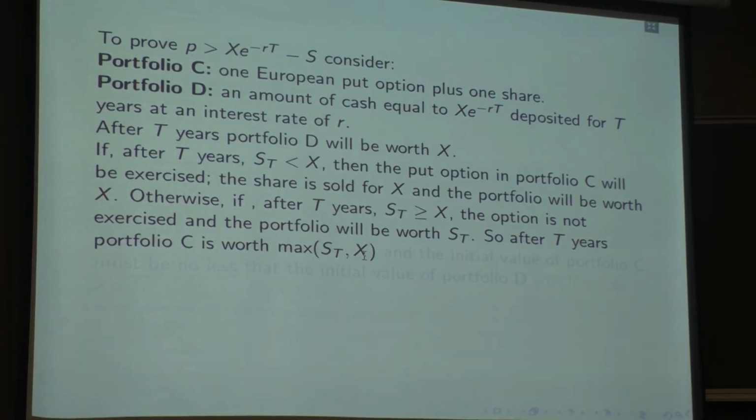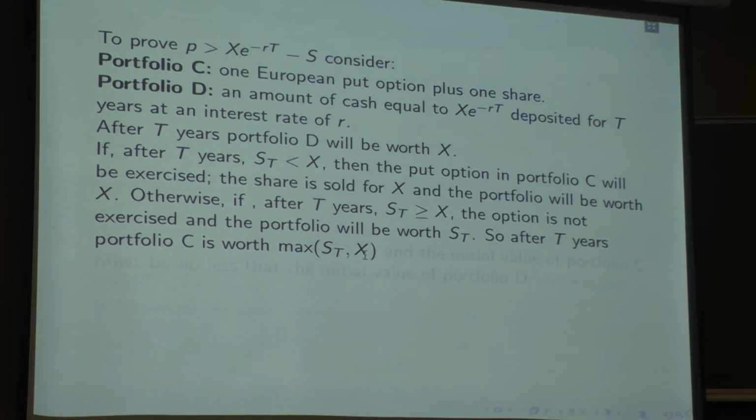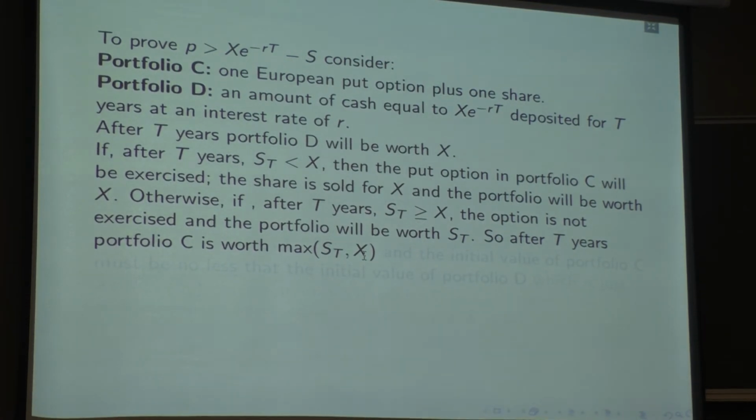What do we have to do to buy one of these? We have to buy a European put for P pounds, and we have to buy a share for S pounds. S is the spot price of the underlying asset, and this must be greater or equal to the amount of money you spend buying portfolio D at time 0, which is the amount of cash in it.